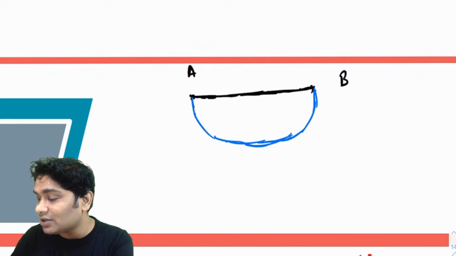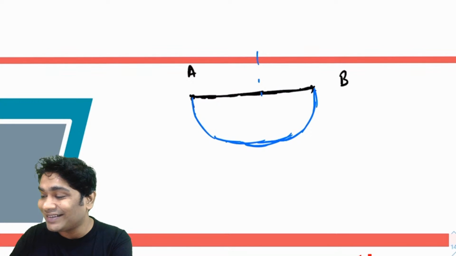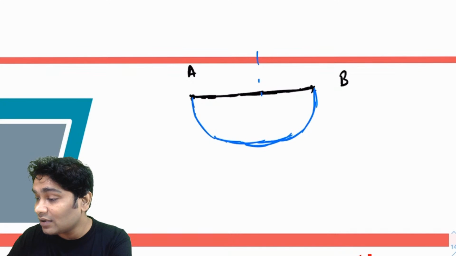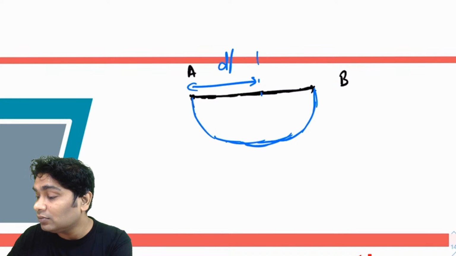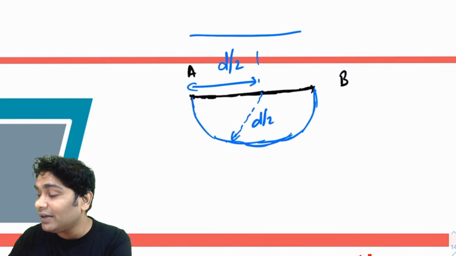So you have a semicircle, and if this is distance d, let's say this is distance d by 2. So this is a semicircle of radius d by 2, so that the complete distance is d.